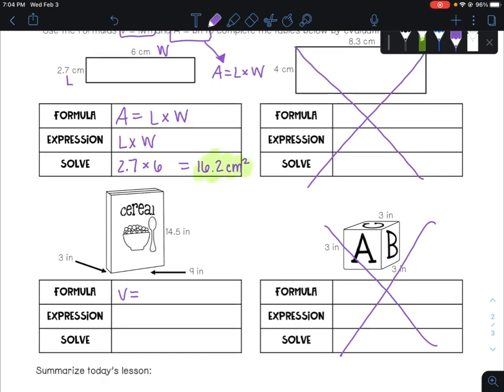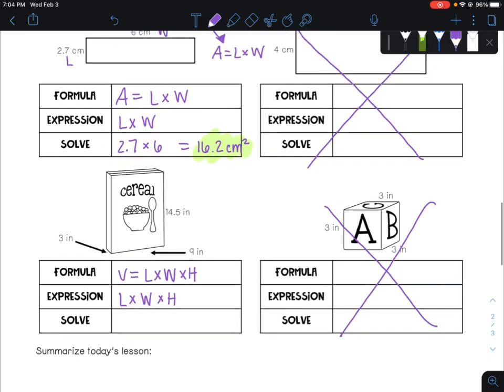And for our last example, this one is 3-dimensional. So we're going to use our volume formula, length times width times height. Expression for that would just be the length times the width times the height. Expressions do not have equal signs. We'll talk about that more in the next unit. To solve it, we have to evaluate it and fill it in. So I'm going to say this is the length, this is the width, and this is the height.